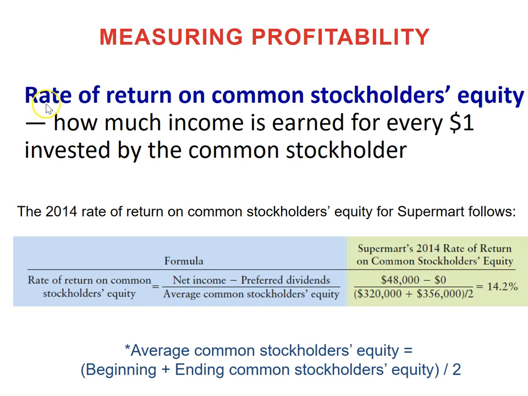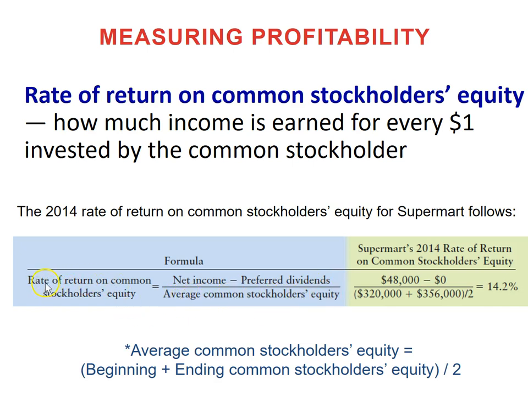In full, you can call it rate of return on common stockholders' equity, or in short, ROE, return on equity. The formula is net income minus preferred dividend, divided by common stockholders' equity.